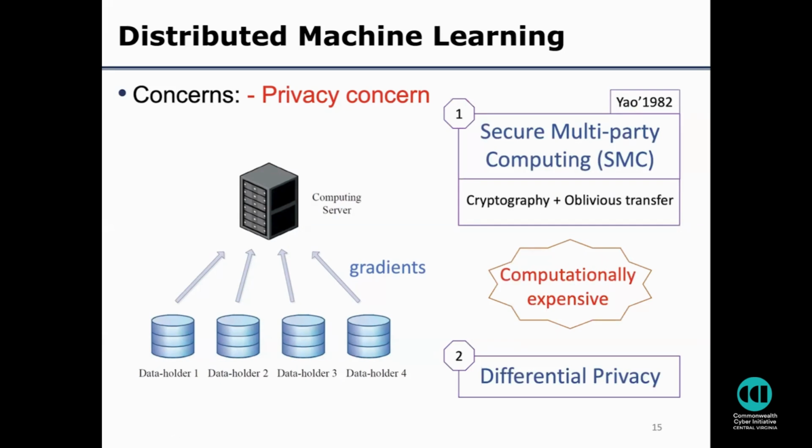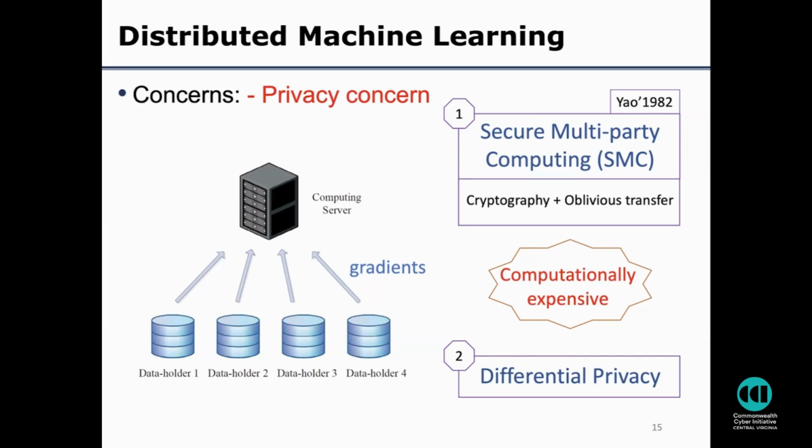To address this issue, researchers have proposed two types of schemes. The first one is secure multi-party computing, SMC. The users use cryptography and oblivious transfer techniques to protect the uploaded data.